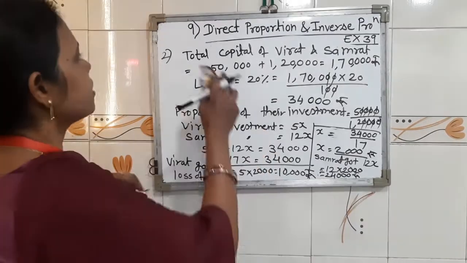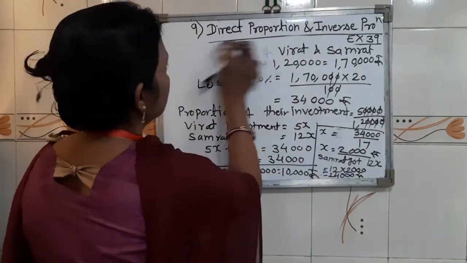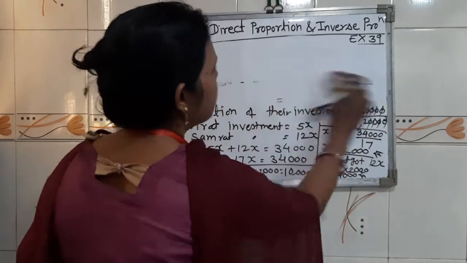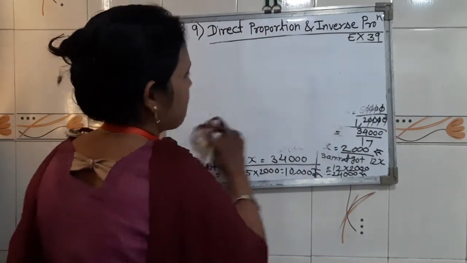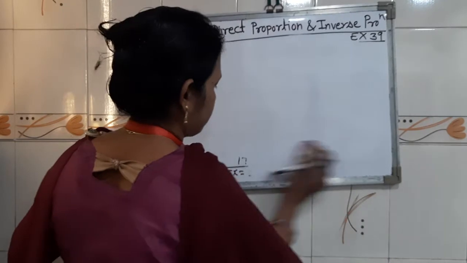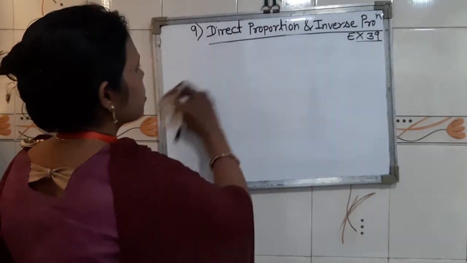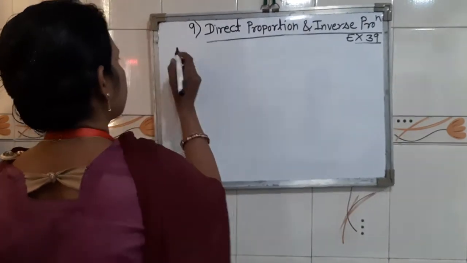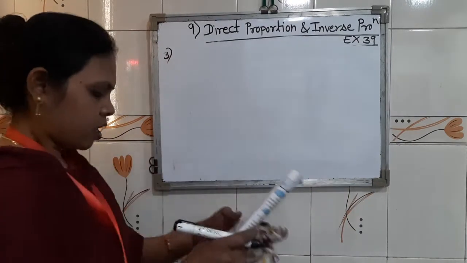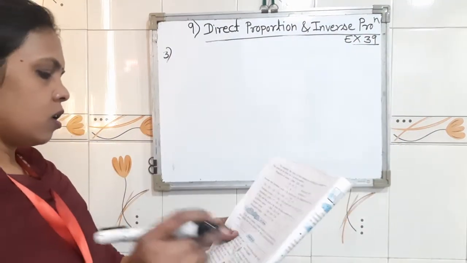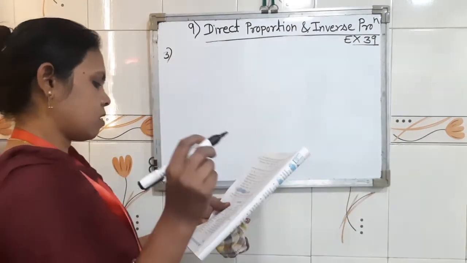So children, here question number 3. Third one, investment.